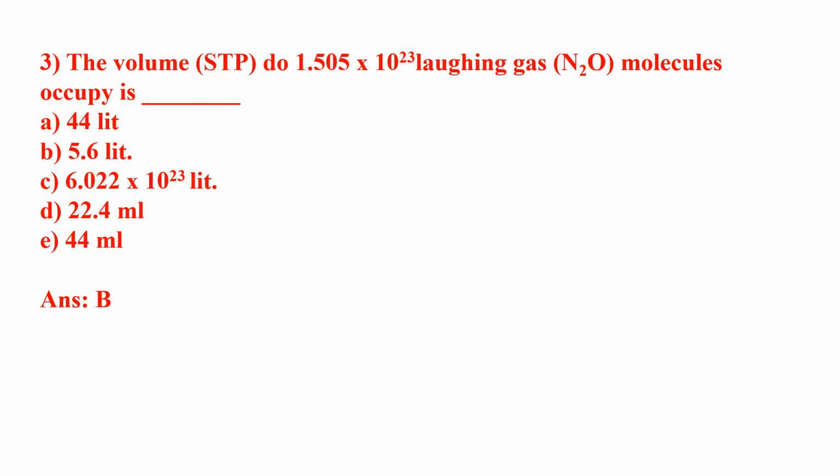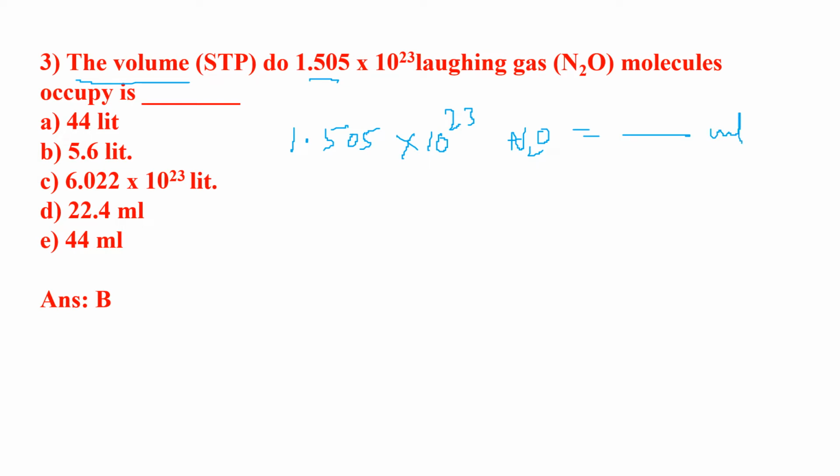Next question. The volume at STP of 1.505 into 10 to the power of 23 laughing gas molecules, that is N2O molecules, is dash ml.